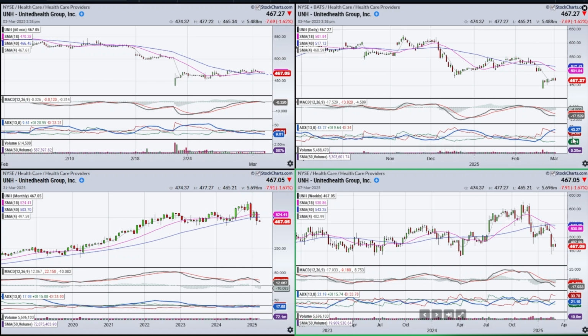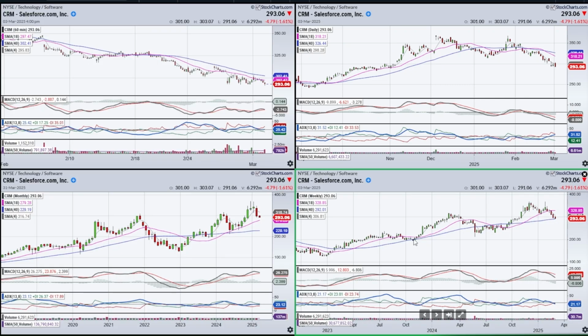Now, if you go back and look at what I was talking about in CRM, if you notice, this actually didn't cross below. This is a variable that we'll use when we have an ABC correction, but it doesn't show a lot of strength to the downside. We're going to use an alternative entry. But for the most part, we're looking for where the 18 crosses down below the 40.